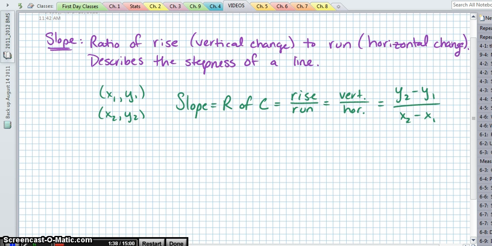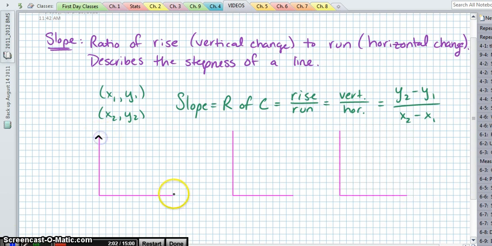So let me just go ahead and draw a couple of axes here. And these can be rough graphs. Let me try that one again.